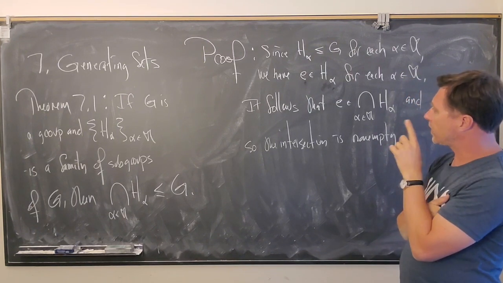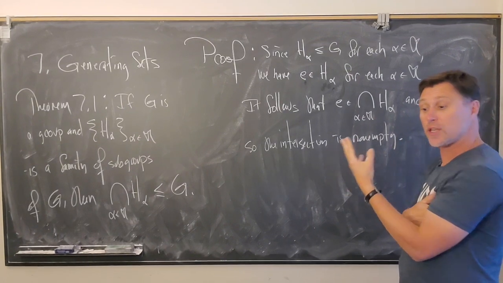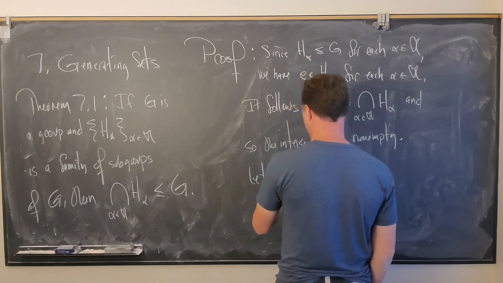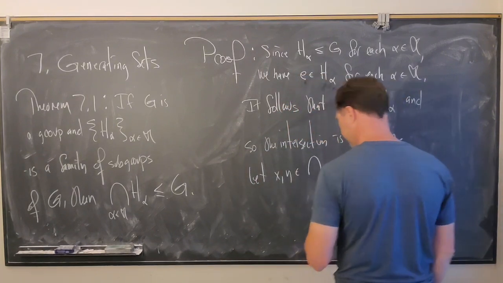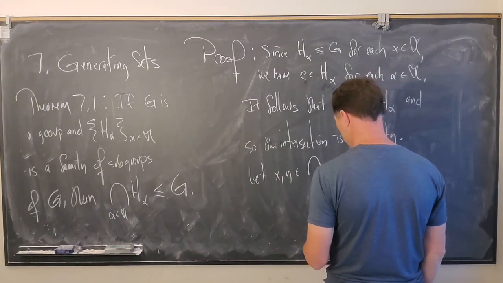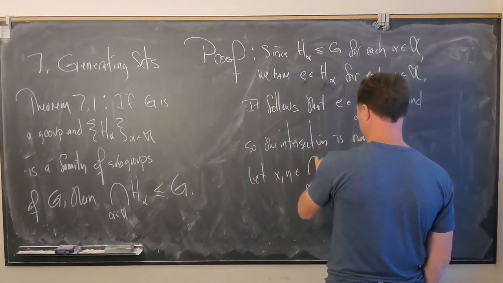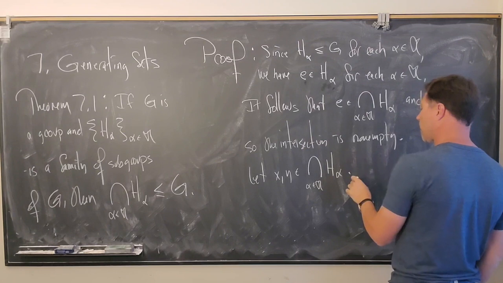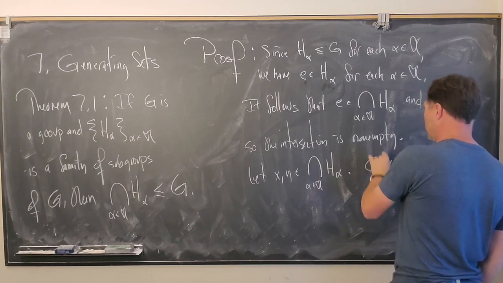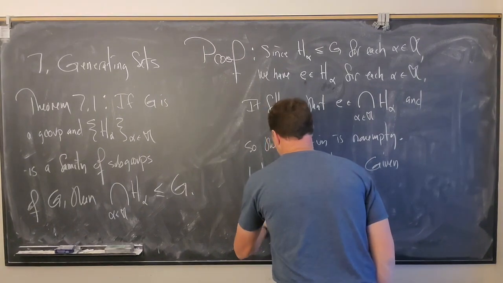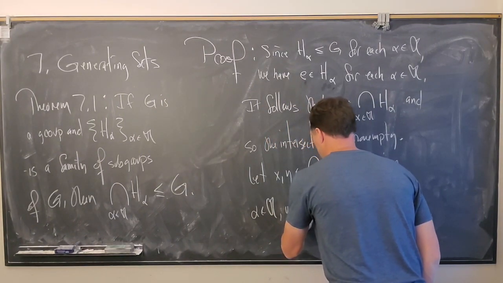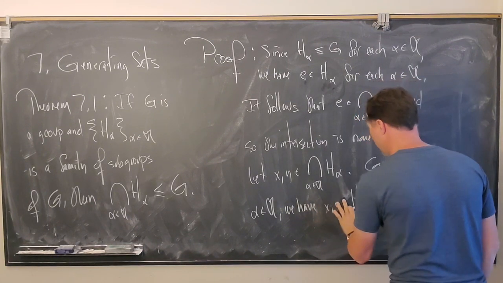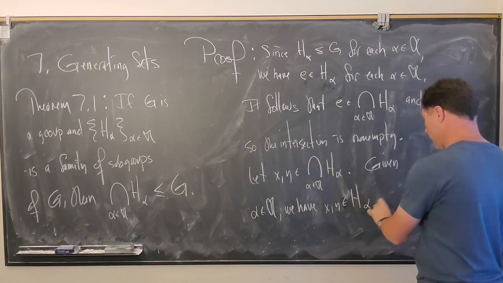Okay, so we've got non-empty. Now we need to show that it's closed under multiplication and under inverses. So let x and y be in the intersection over alpha in A of H sub alpha. Now, given any little alpha in capital A, we have both x and y are elements of that particular subgroup H sub alpha.